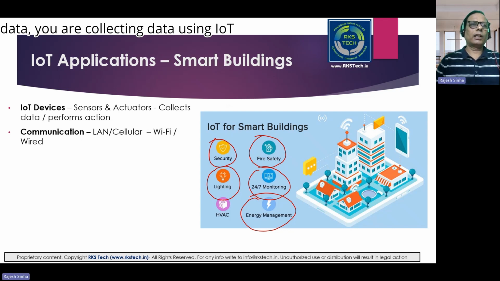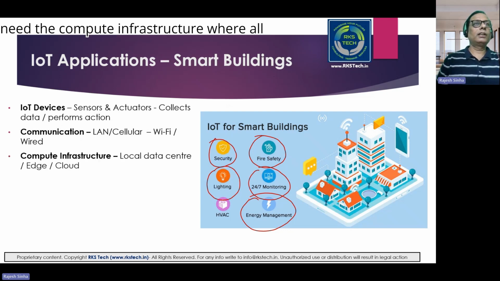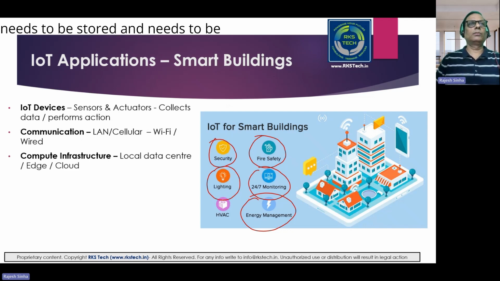So you have data, you are collecting data using IoT devices. The data or the information is being communicated between the devices and the backend systems. And then we need the compute infrastructure where all your data which is getting collected needs to be stored, needs to be processed. You need to perform different kinds of analytics. This could be there in some local data center.